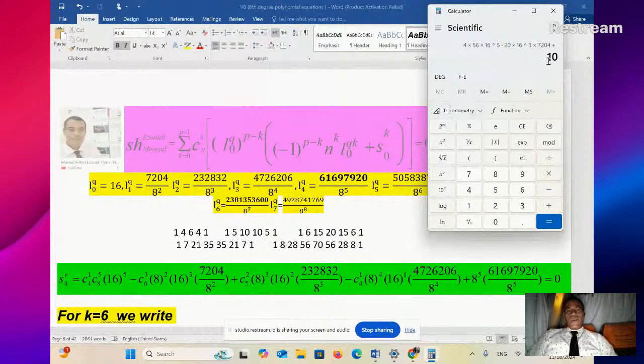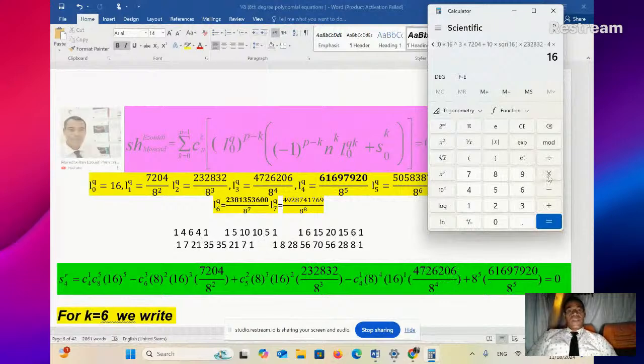Multiply by 16 squared. Okay, multiply by 232,000, sorry, 233,832. Then plus, this is minus combination 4 choose 1, which is minus 4, times 16 raised to the power 1. Okay, times learners 4,726,206.